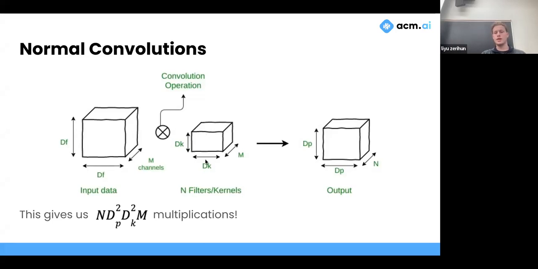K by K is the size of the kernel, and we run that across each. We have N of these, and when we do that, we get a DP by DP times N output. To do all of this requires N times DP squared times DK squared times M multiplications.